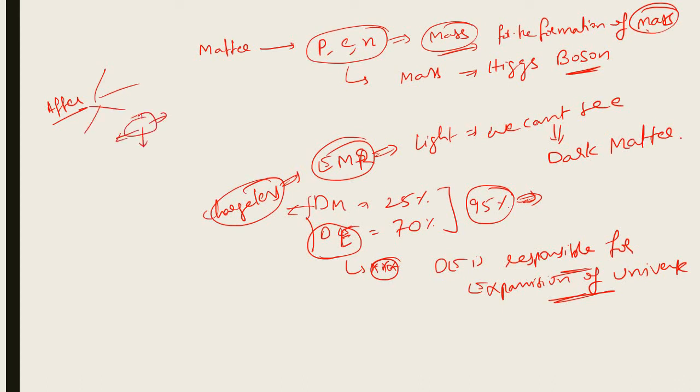They initially believed that this expansion would continue till the energy was exhausted. Till that energy was there, it would expand, but after that contraction would take place once again. That is what they initially believed.